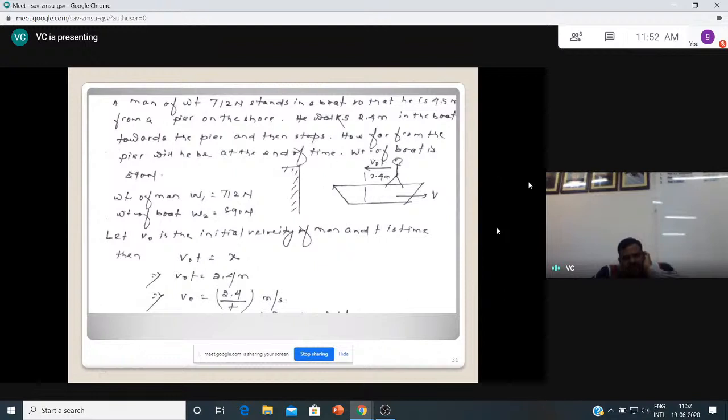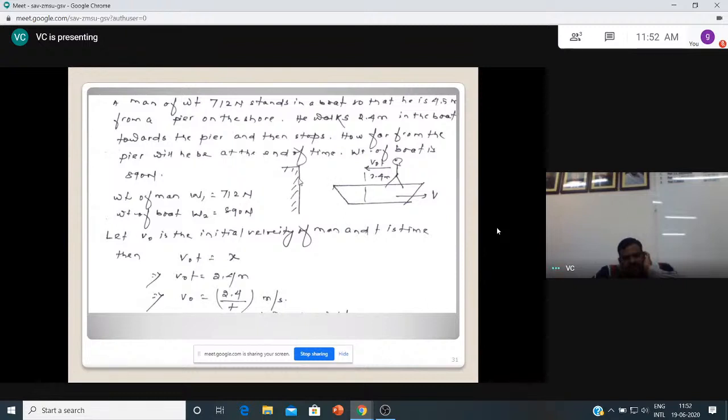He keeps walking towards the shore. When he is moving in this direction, the boat tends to move in the opposite direction, because of momentum. Then he walks 2.4 meters in the boat towards the pier and then stops.